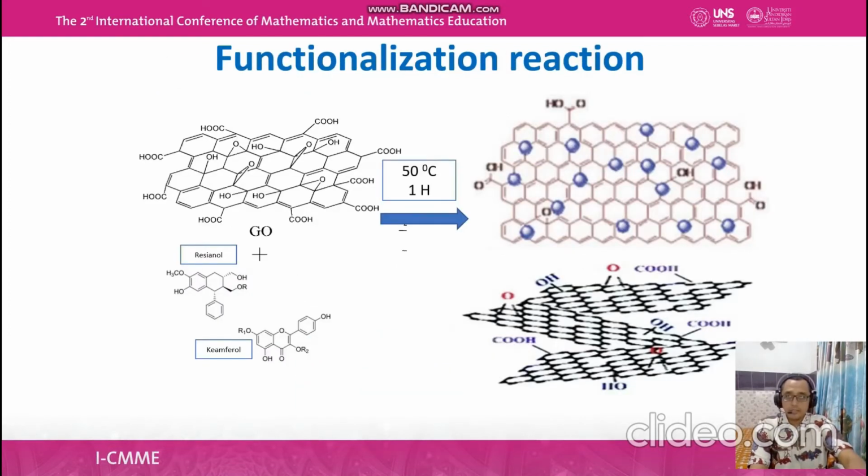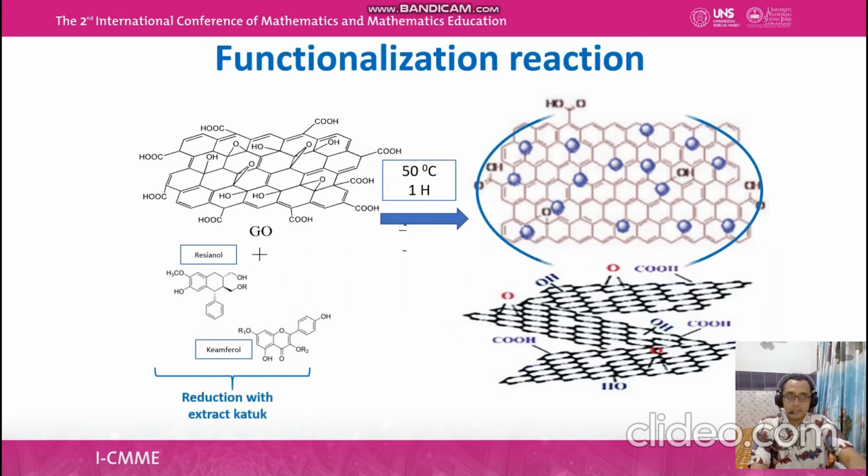By reducing oxygen in graphene oxide with an environmentally friendly reducing agent, such as Katuk leaf extract, a reduced graphene oxide is obtained, which is abbreviated as RGO. Katuk leaf extract, which contains the main molecules resianol and camphorol, is a natural antioxidant that is environmentally friendly.